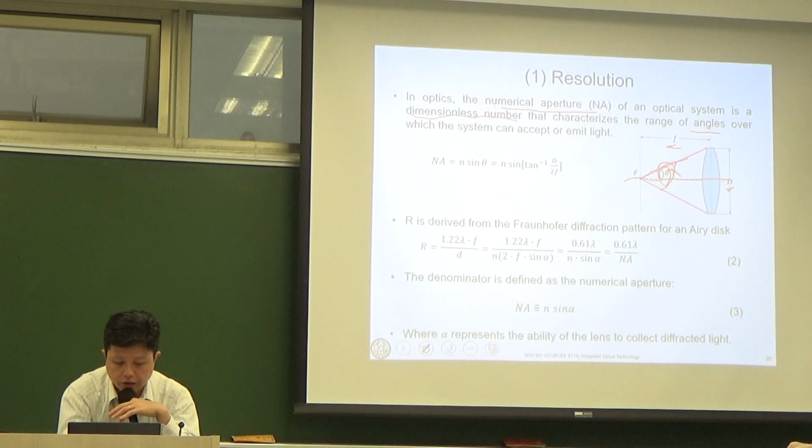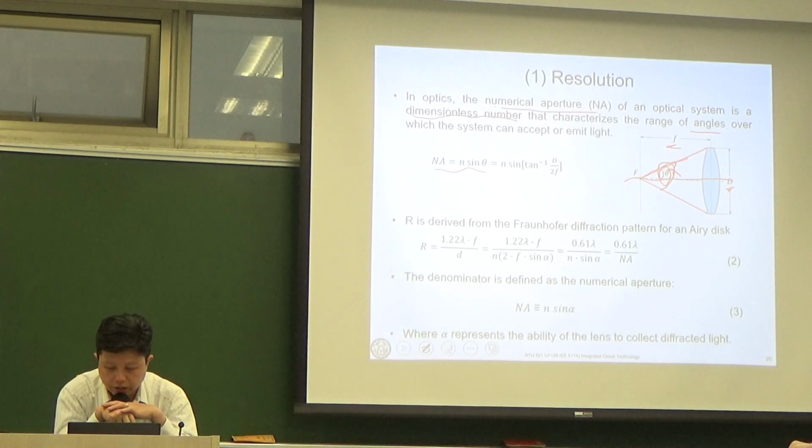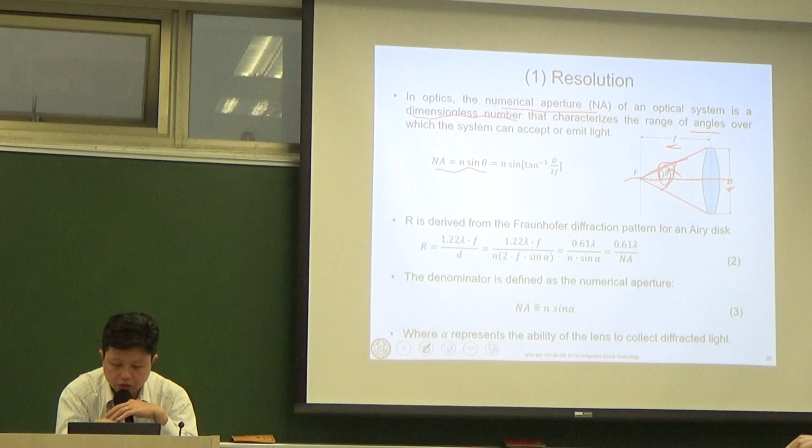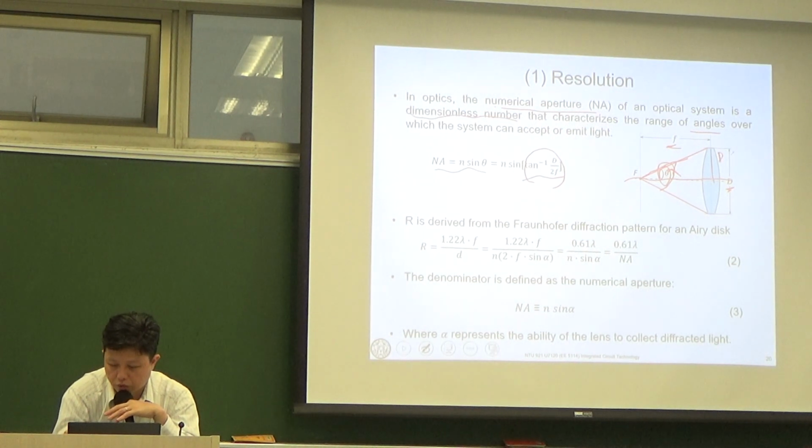It is defined as n sine theta. Theta can be defined as the arctangent of D over 2f. Here is D over 2, and D over 2f is this tangent.